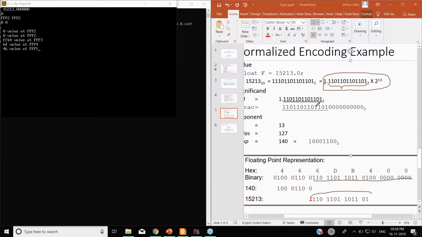And it will take the exponent of the normalized representation of the floating point number and add bias to this exponent, that is 127 is added, the corresponding value of that is 140, and the binary representation of 140 is stored here. And because the number is positive, this sign bit is 0.